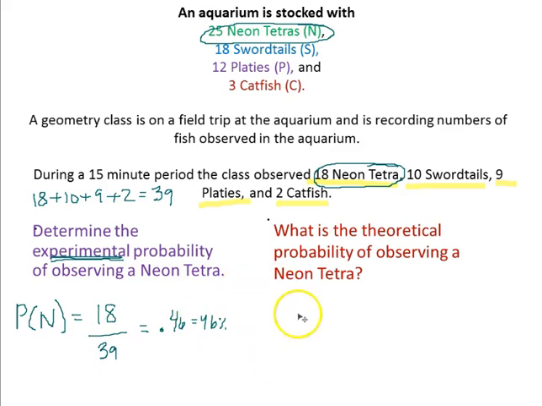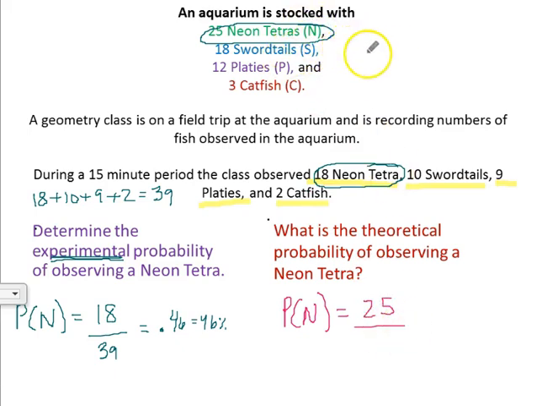But what about our theoretical? So theoretical is going to be based on the total numbers that are in the aquarium and what is expected to happen if we were to try and find the probability of observing a neon tetra. So let's do that. I'm going to change font colors here. So we want to find the theoretical now. So how many neon tetras are there total? 25 to choose from.